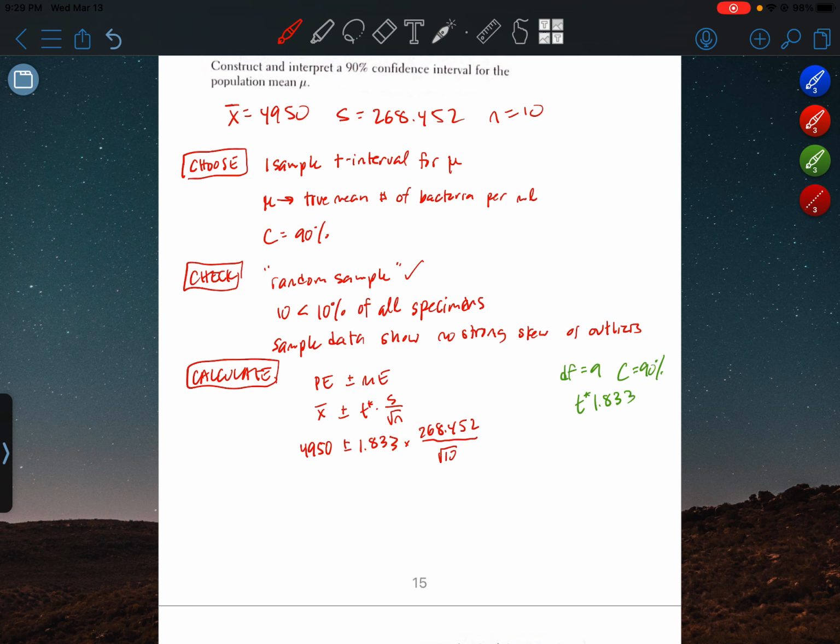I'm getting a lower bound of 4,794.393. And then for the upper bound, I just switch the minus sign to a plus sign: 5,105.607.